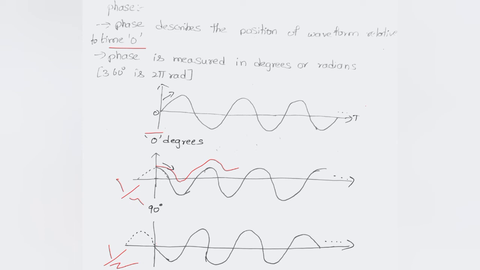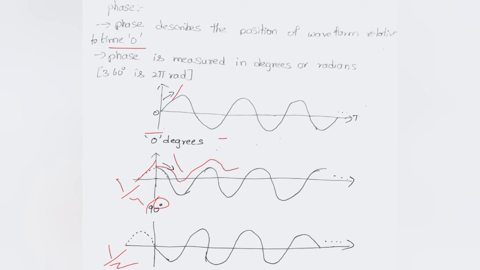A sine wave with the phase of 0 degrees starts at time 0 with a 0 amplitude. The amplitude here is increasing. And here the sine wave with the phase of 90 degrees starts at time 0 with a peak amplitude, and the amplitude is decreasing here.